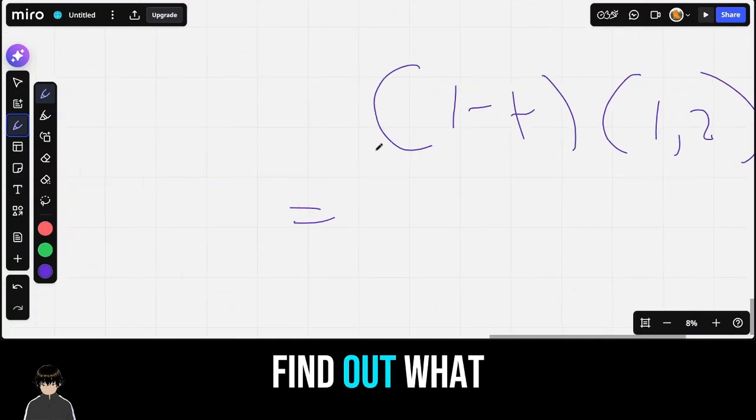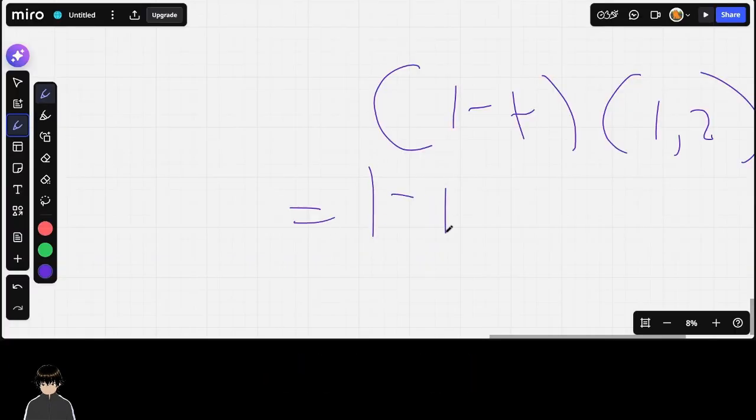Let's try to find out what happened here. 2t.